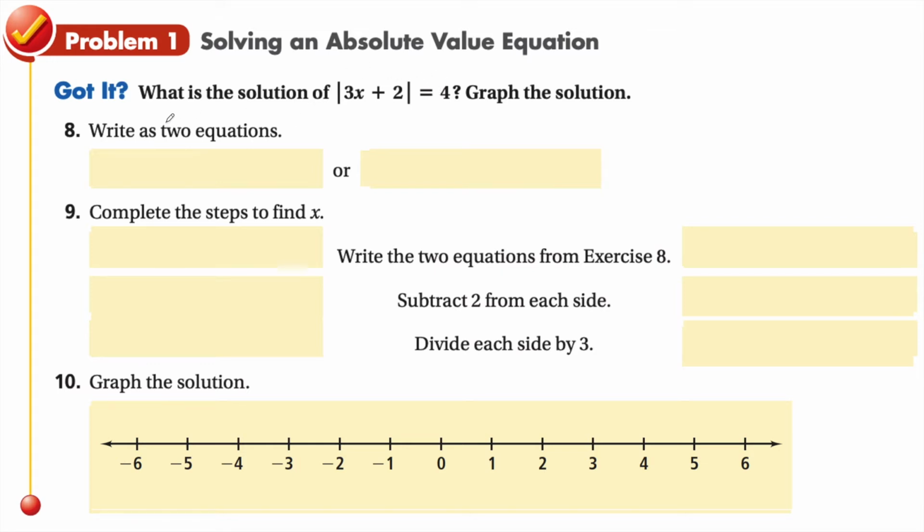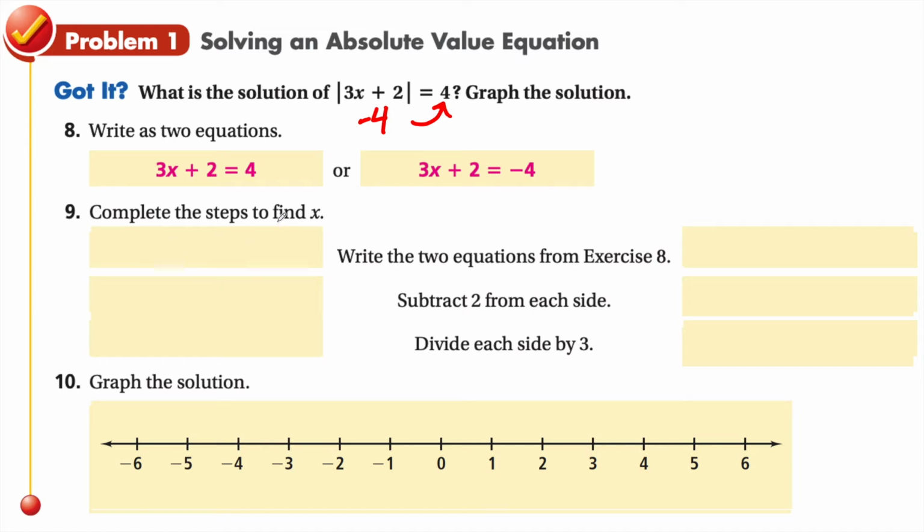So my 2 equations will be 3x plus 2 equals a positive 4, and 3x plus 2 equals a negative 4. Again, if whatever's inside the absolute value equals negative 4, the absolute value of a negative 4 will still equal that 4. So we must have the negative version as well.